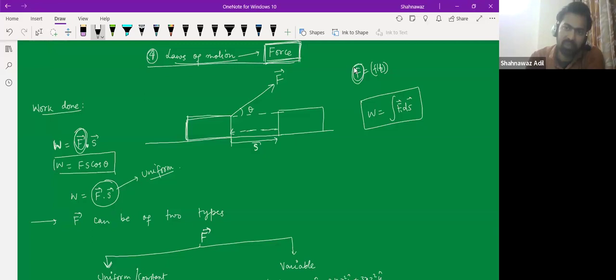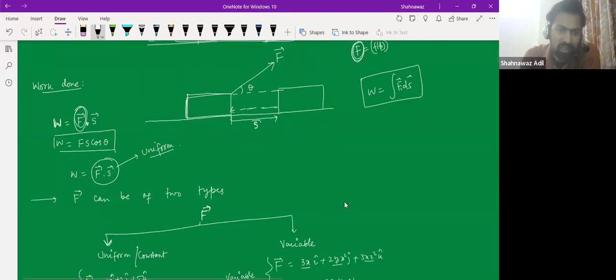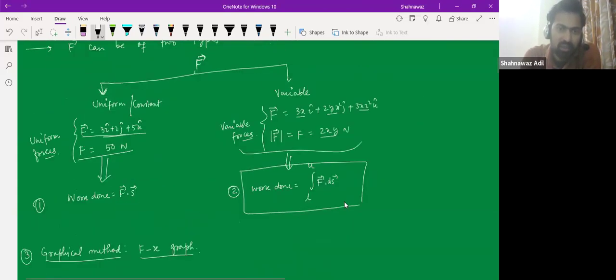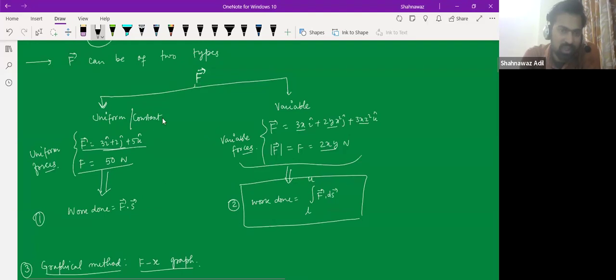For uniform force you apply F dot S, and for non-uniform variable force you apply the integral.